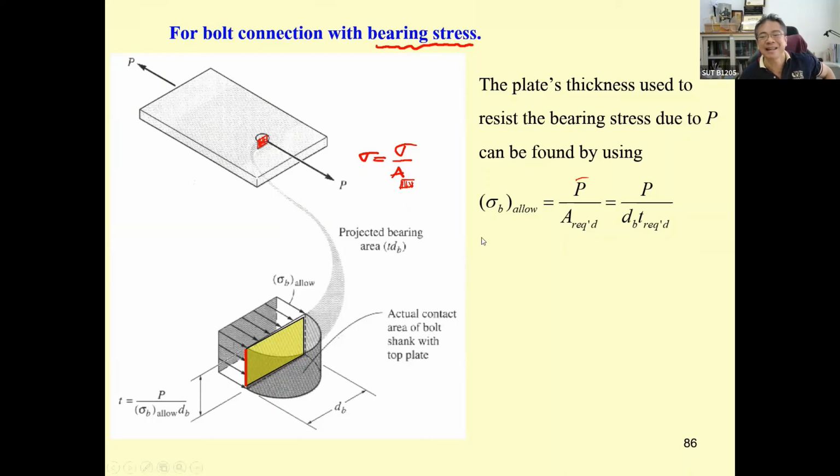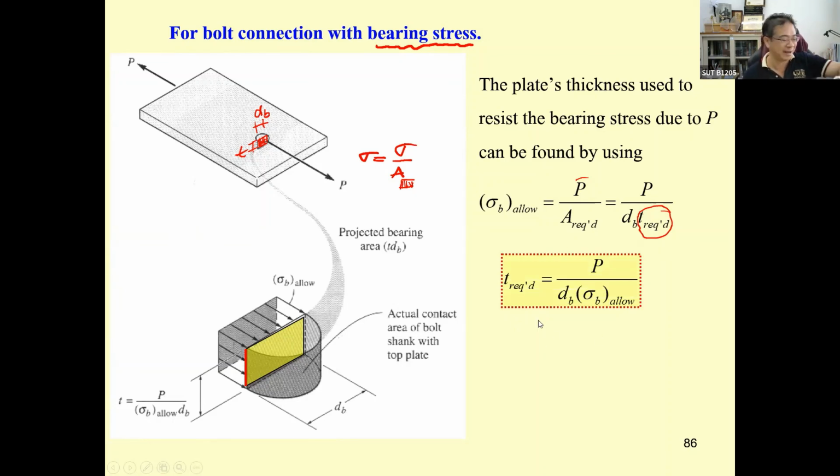And in the design, sigma equal to P over A. And the A is going to be the diameter of the bolt, and this is going to be the thickness of the plate. Usually, the thickness of the plate is the one that we are looking for. So you have this equation to compute the thickness of the plate in the design.